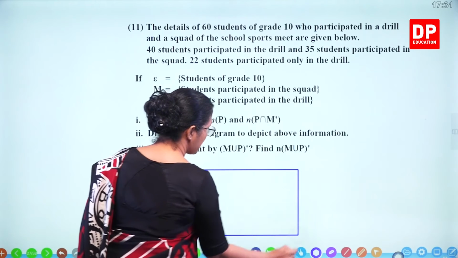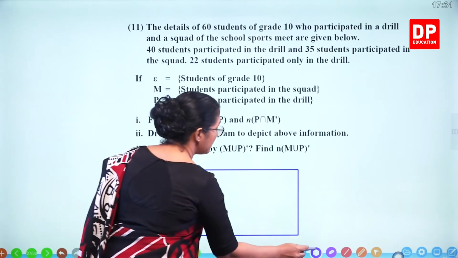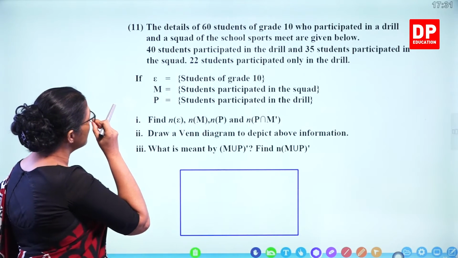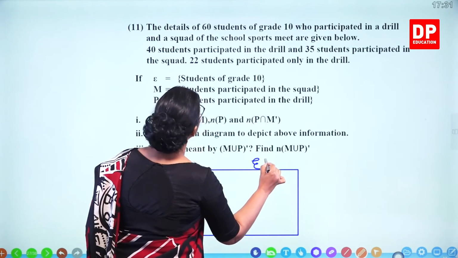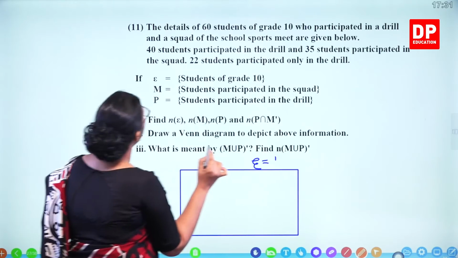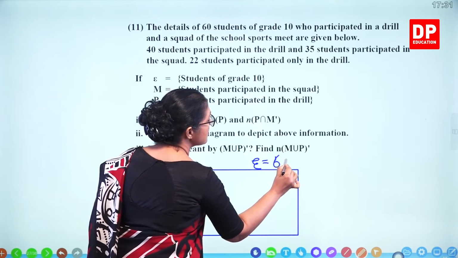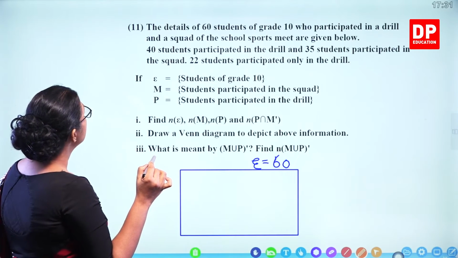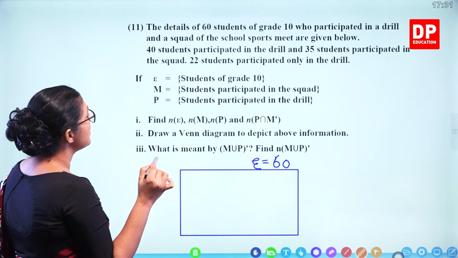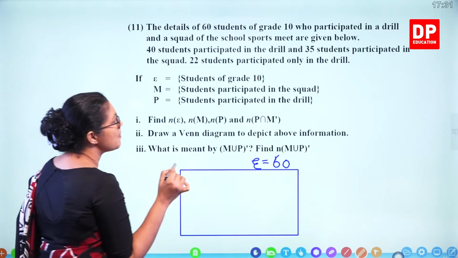So we'll draw the rectangle. And how many circles now? You get epsilon, that's the total, how many? Students, 60. And M is students participated in the squad and P is students participated in the drill.